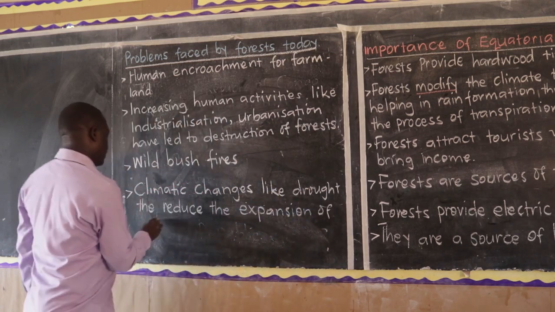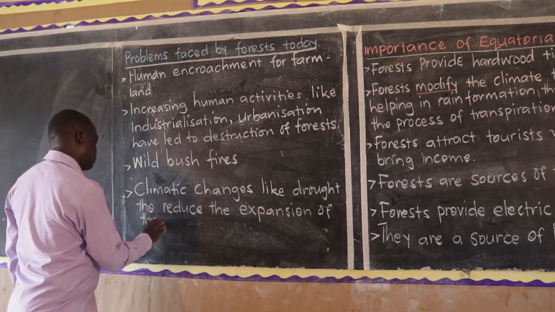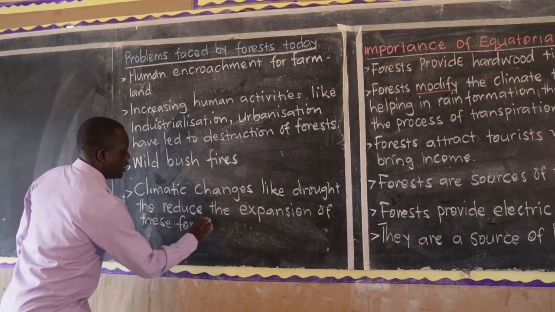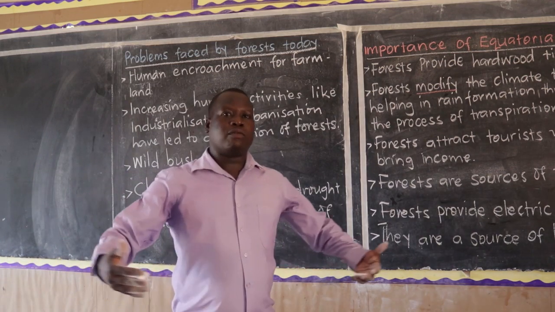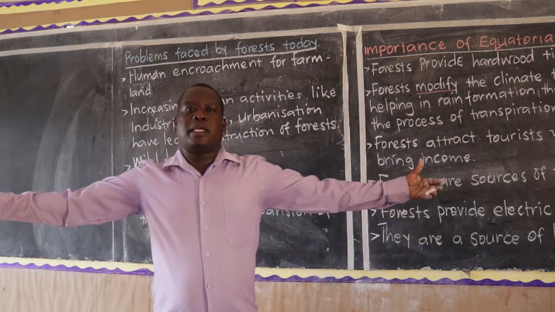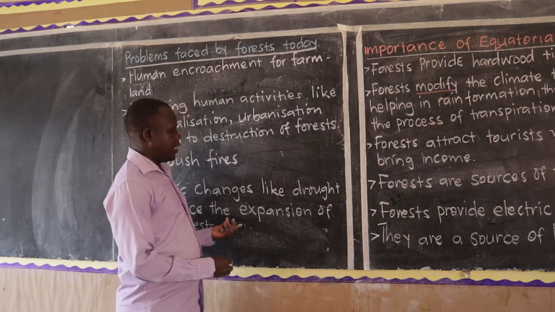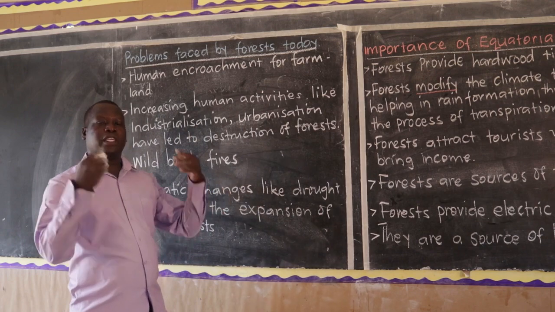So you will find that if drought comes, the other trees which would have continued growing outside and made that area thick will not continue growing, hence controlling the expansion of the forest, and they remain within the mature trees.